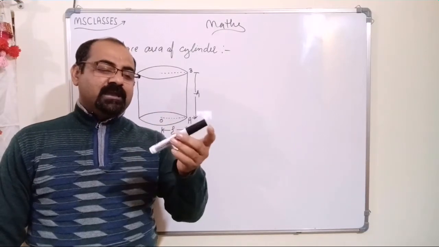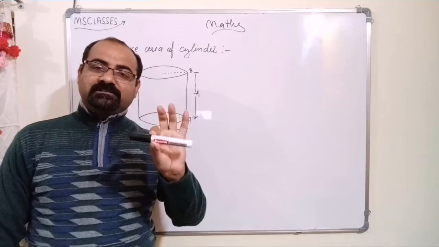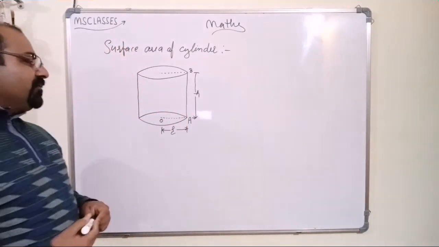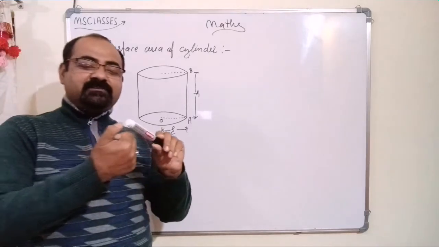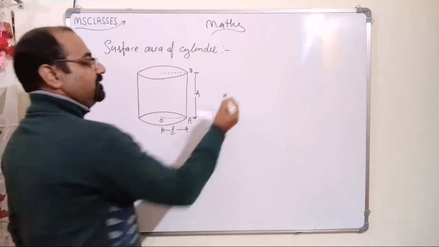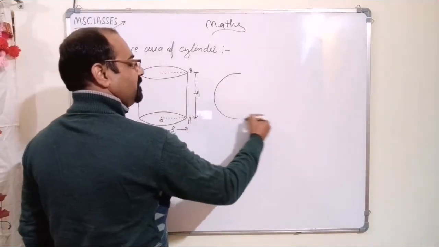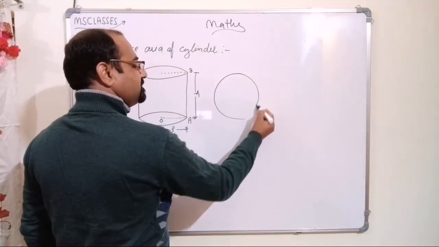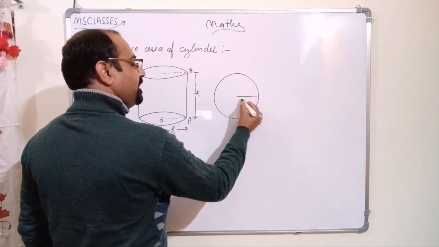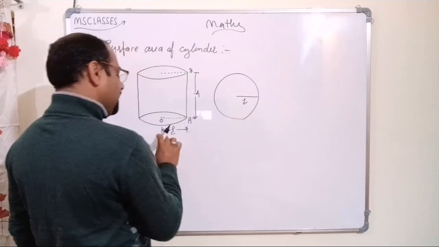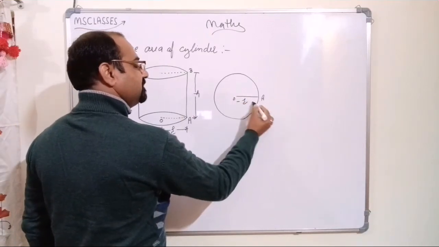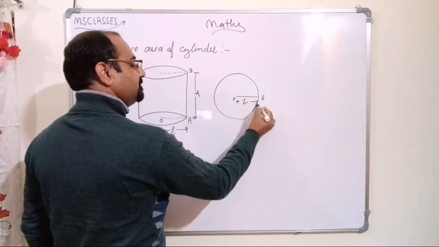If we have to calculate the area of this pen or this cylinder, then we have some formulas. First of all, the base of this pen or the cylinder is just like a circle. The radius of this circle is R, this is OA.